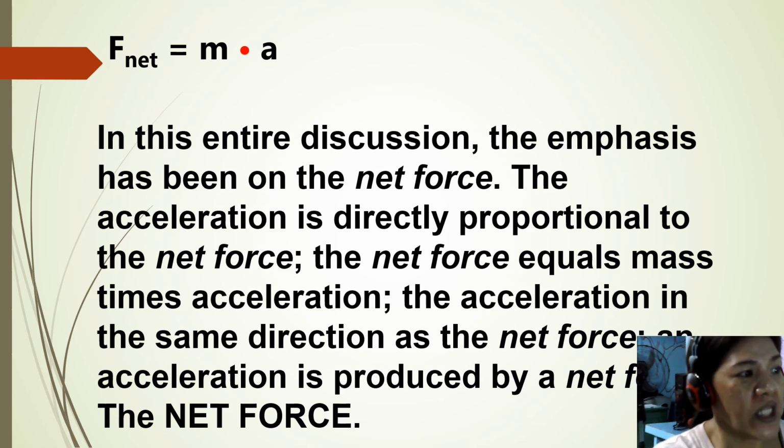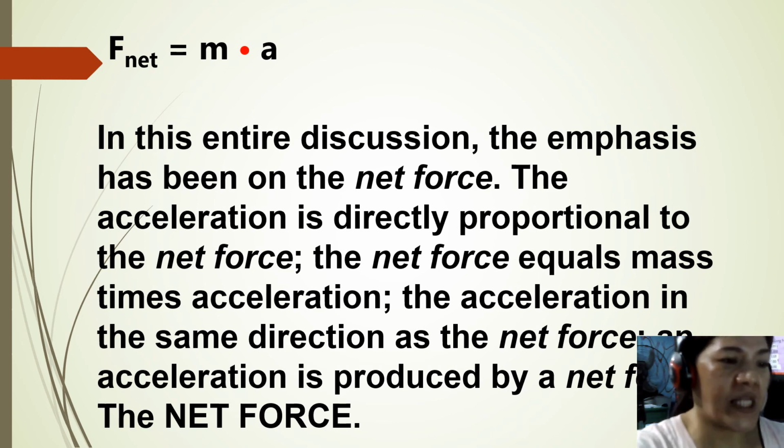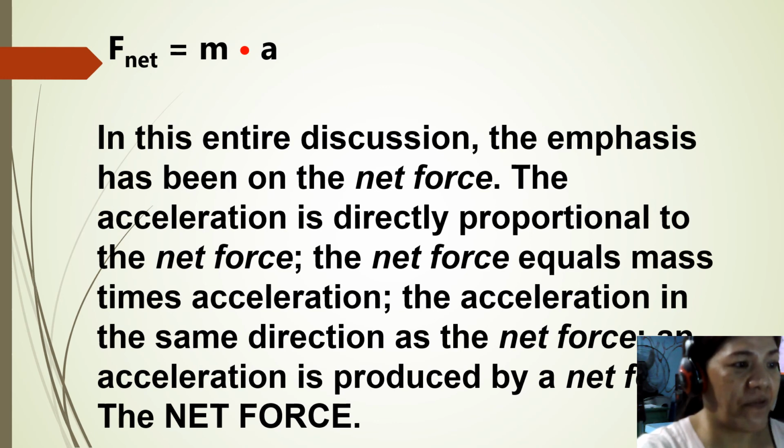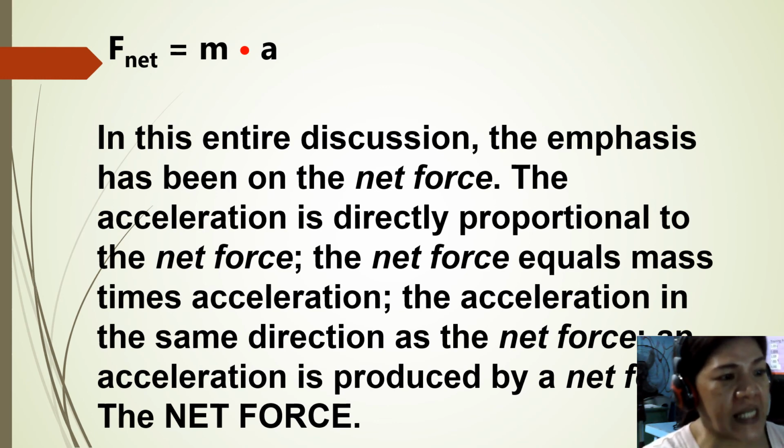In this entire discussion, the emphasis has been on the net force, so always try to get the net force. The acceleration is directly proportional to the net force. The net force equals mass times acceleration. The acceleration is in the same direction as the net force, as acceleration is produced by a net force.